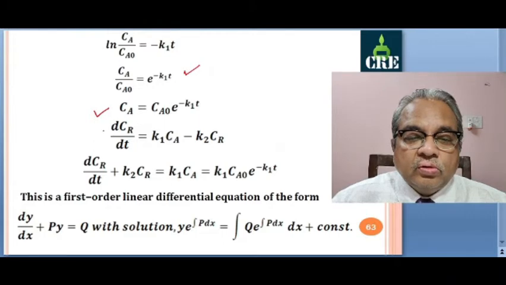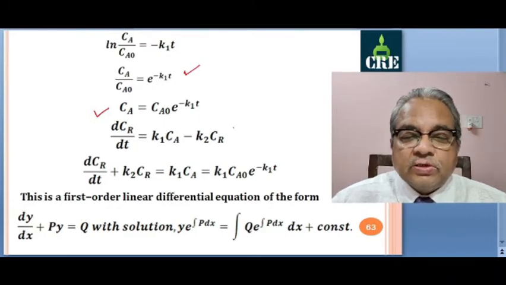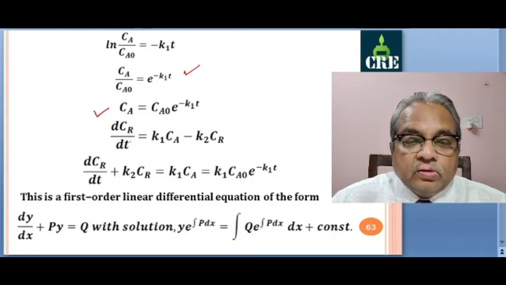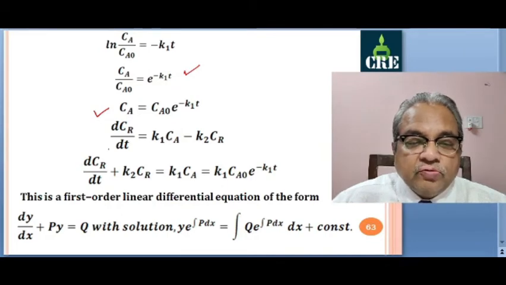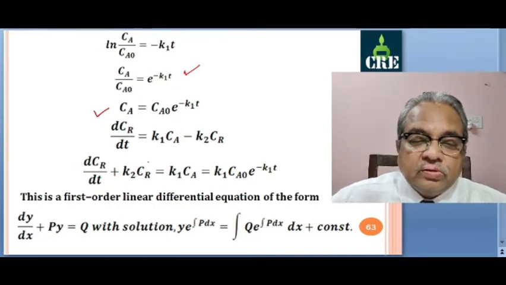Now we have rate of formation of R, dCR by dt equals K1CA minus K2CR. So this can be written as dCR by dt, this I am taking on this side, so plus K2CR is equal to K1CA, and for CA we can substitute CA0 into e raised to minus K1T. So this is a first order differential equation.